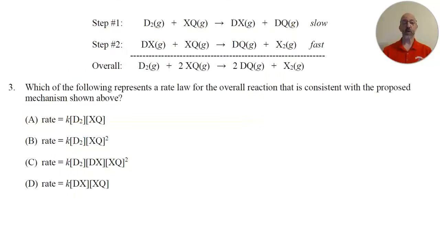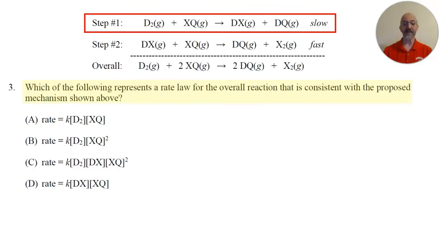Now let's take a look at question 3, which is a multiple choice question. In question 3, we are given a 2-step mechanism, and this question asks, which of the following represents a rate law for the overall reaction that is consistent with the proposed mechanism shown above? So again, we're going to focus our attention on that slow rate-determining step, which in this case is step 1.